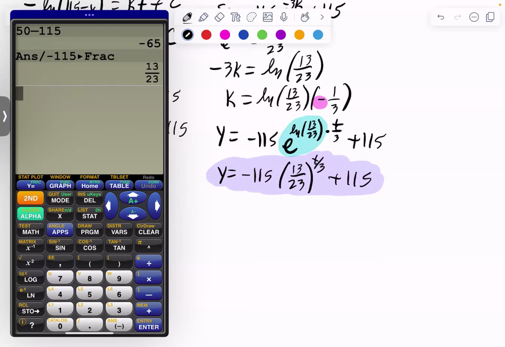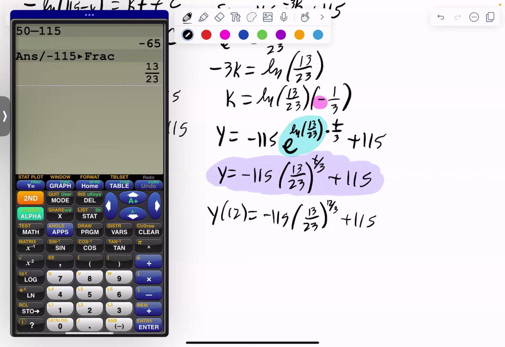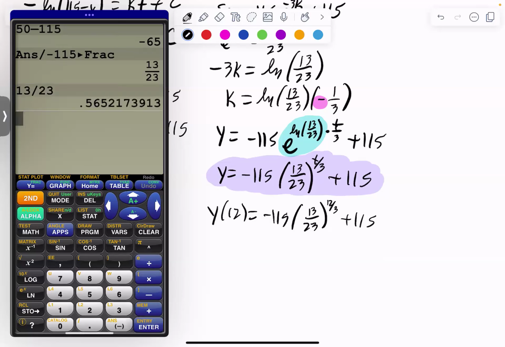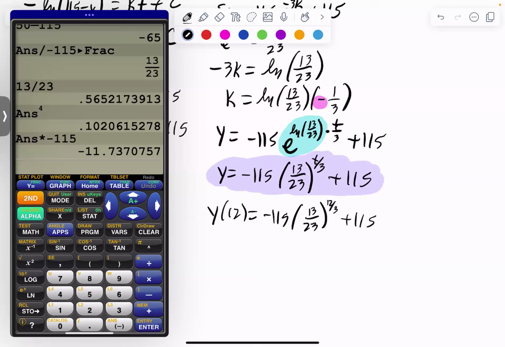You would agree? So y of 12 is going to be negative 115 times 13 over 23 to the 12 divided by 3, plus 115. So let's see what we get. So 13 divided by 23, raised to, now 12 divided by 3 is just 4, times negative 115 plus 115.